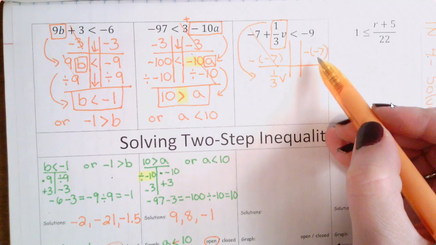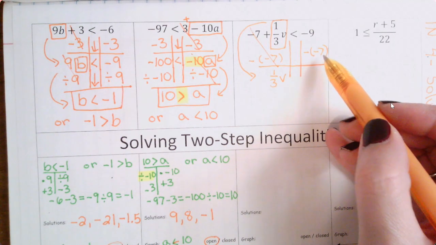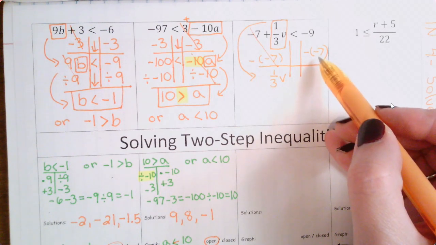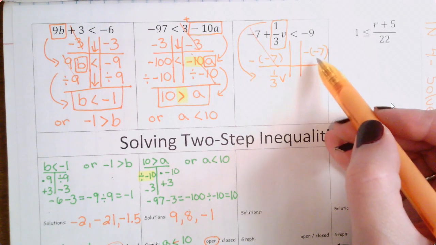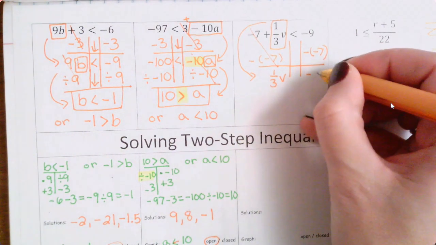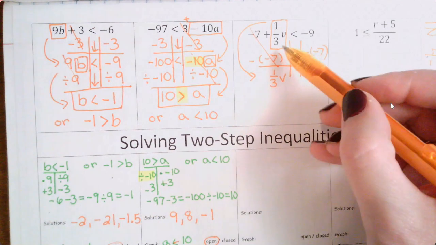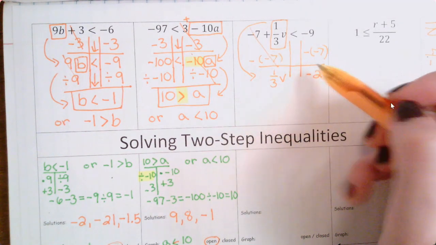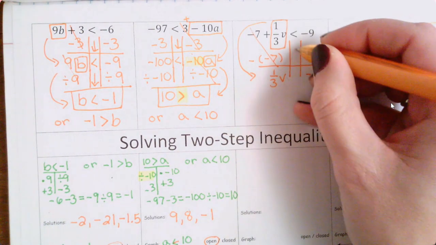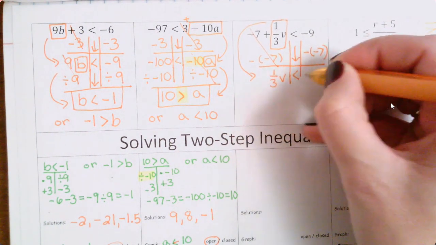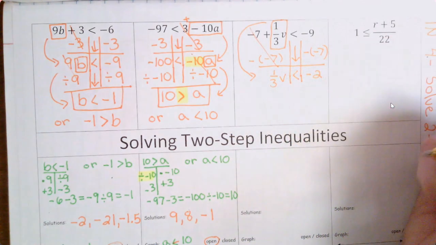You can type it in Desmos just like that, but I'm going to recognize that subtracting a negative is the same as adding. So this is the same as saying -9 plus 7. -9 plus 7 would be a -2. I did not have a negative coefficient or negative denominator. In fact, I didn't divide or multiply in that first step, so I can just carry down my inequality sign. So I have 1/3 v is less than -2.